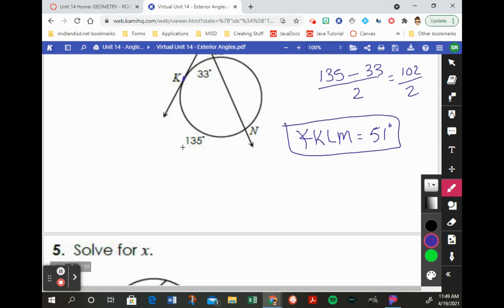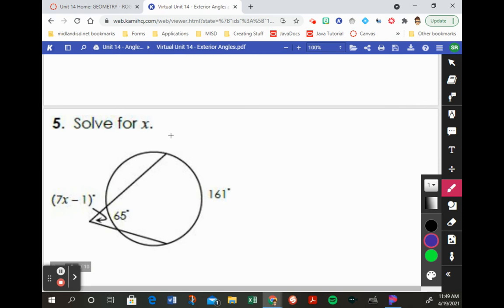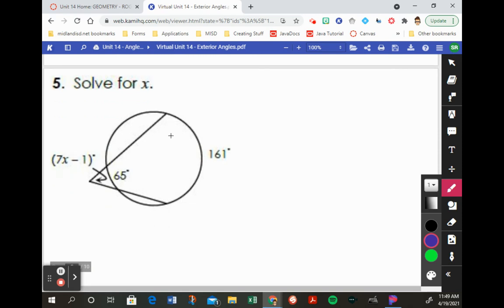All right. Let's try another one. Oh, we've got some algebra on this one. Okay. Same thing. Angle equals arc 1 minus arc 2 over 2.